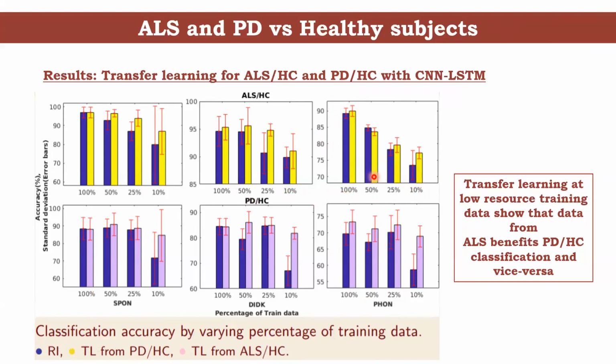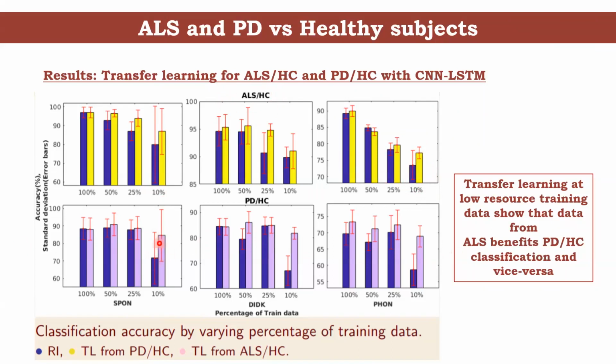But then we do transfer learning. Here it's ALS versus HC. We built the pre-trained model with a lot of PD data, and then fine-tuned with the little ALS data, which is 10%. And as you see, it does better than just using that 10% of the ALS. In fact, in some cases, this gap is drastic. These are for PD versus HC, just like that.